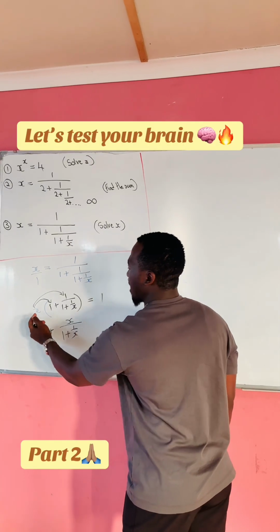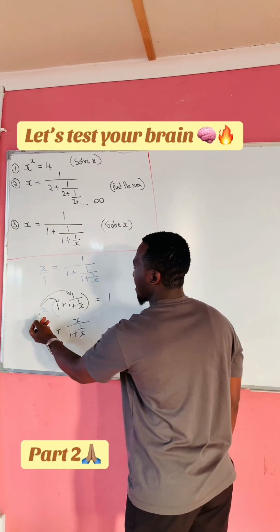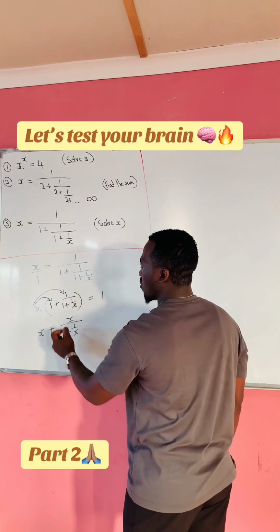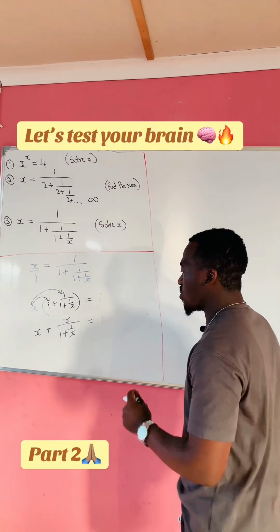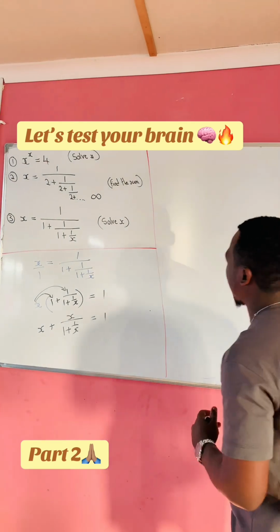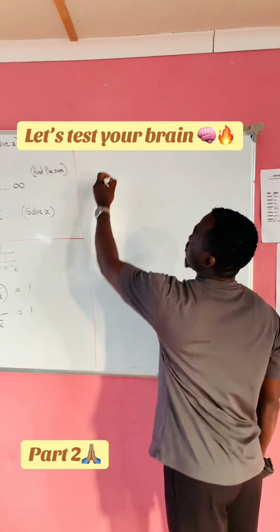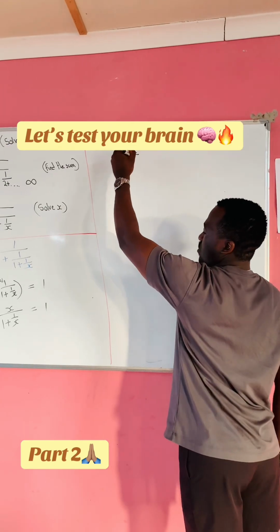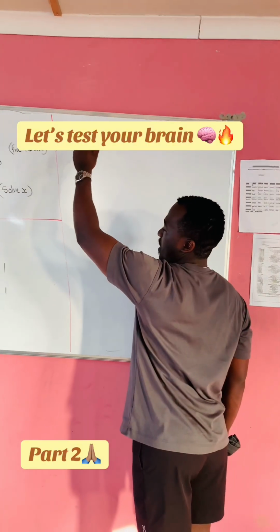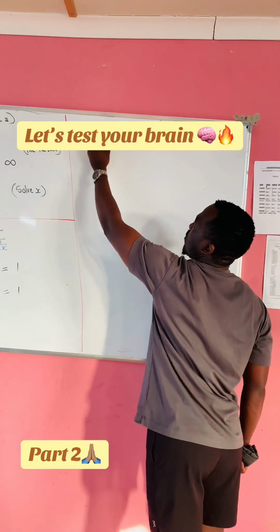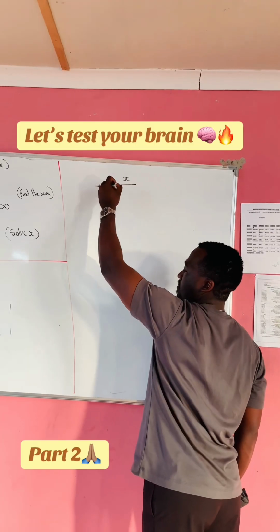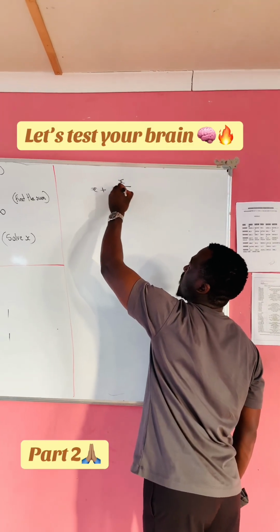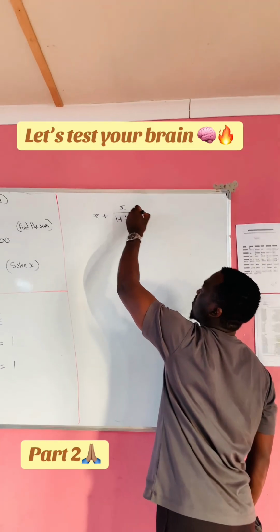Right? So x times x is x. Plus x times this is x over 1 plus 1 over x, which is equals to 1. Let's continue. We're going to continue this side now. Okay. Now we have that. So simply we have x plus x over 1 plus 1 over x, which is equals to 1.